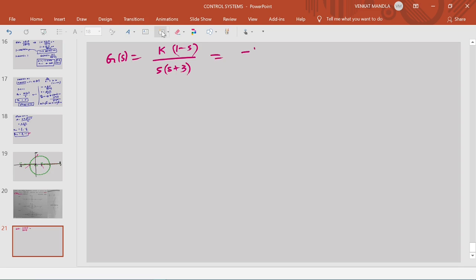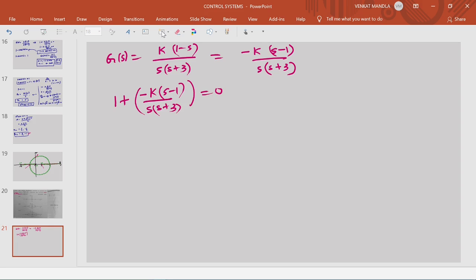I will write this as minus k (s minus 1) by s into (s plus 3). And what is the characteristic equation? 1 plus minus k (s minus 1) by s into (s plus 3) equal to 0.